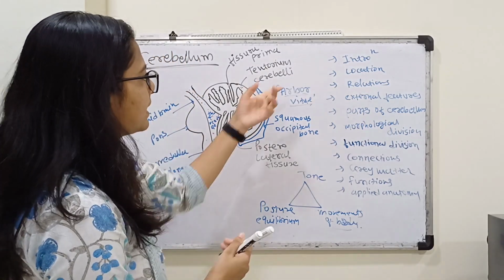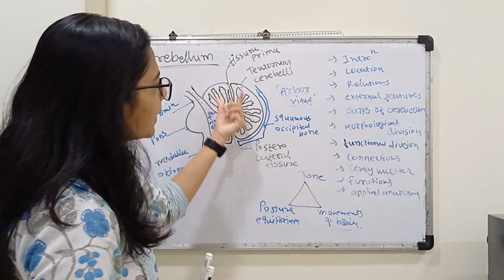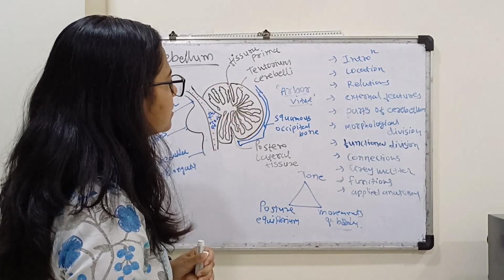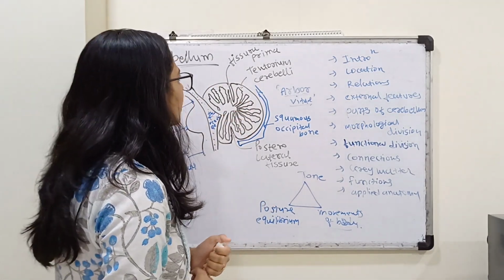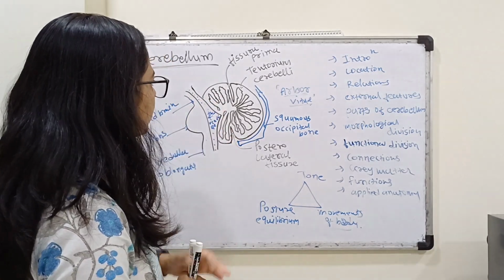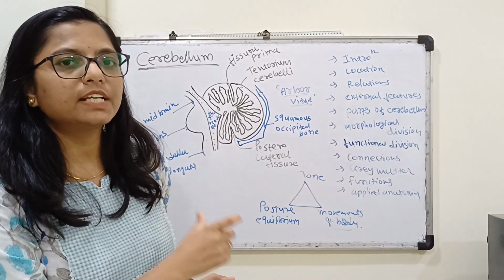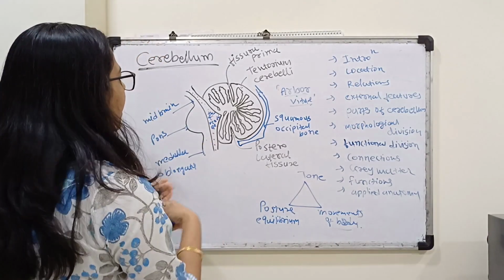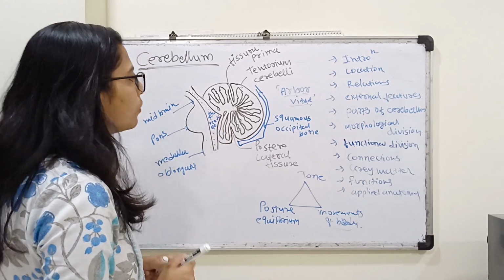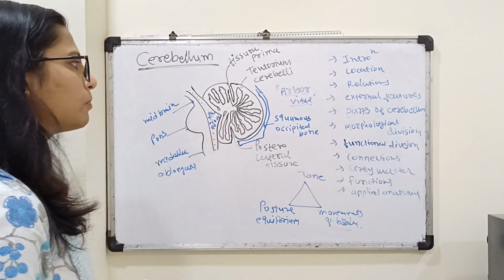Then arbor vitae, that means the gray matter of the cerebellum is highly folded to accommodate millions of neurons. Now the location of the cerebellum: it is located in the posterior cranial fossa behind the pons, medulla oblongata and fourth ventricle.